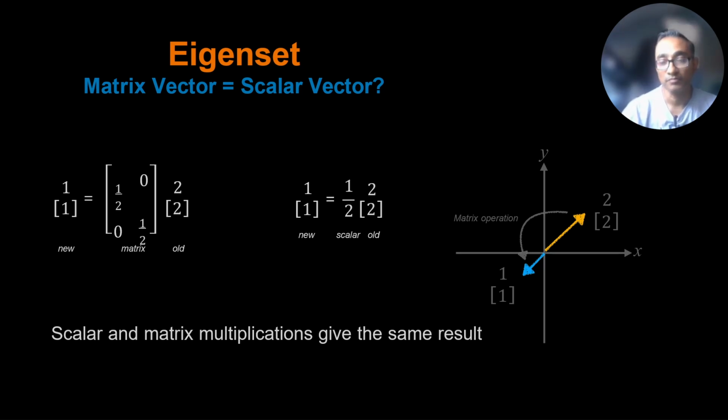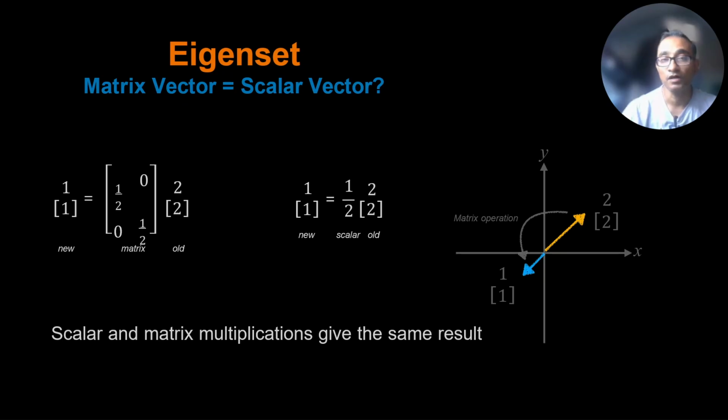These concepts will also help you to understand something called eigenset and eigenvector. Now, in terms of eigenset, the matrix or a scalar surprisingly gives the same result. Look at the example here. You have an old vector represented by 2, 2, multiplied by a matrix, and it gives you a new vector represented by 1, 1.